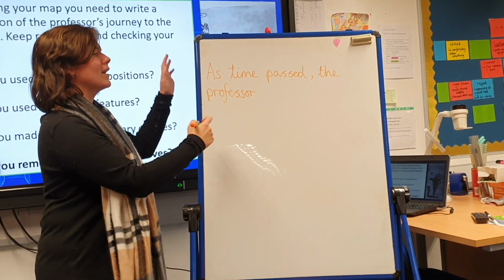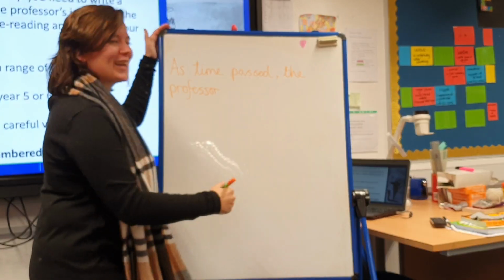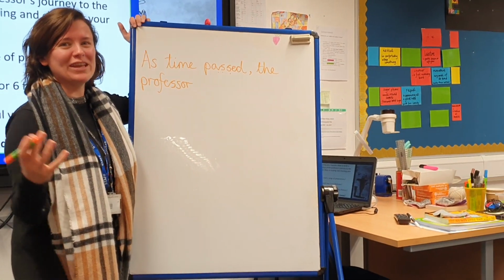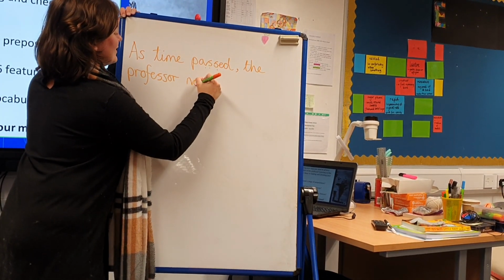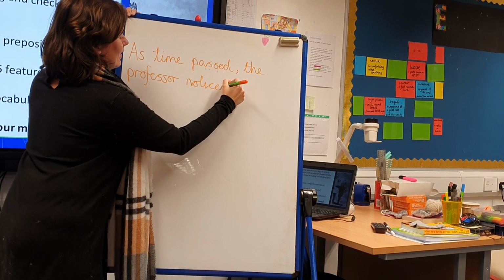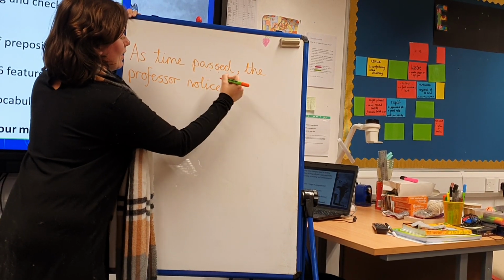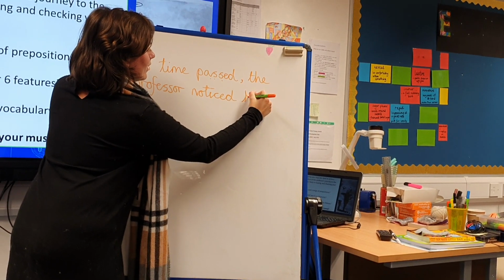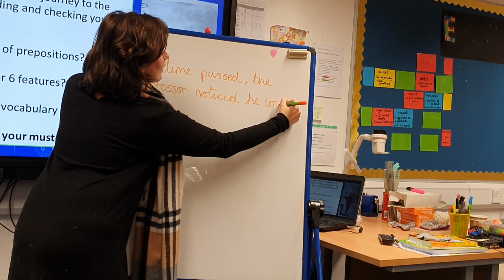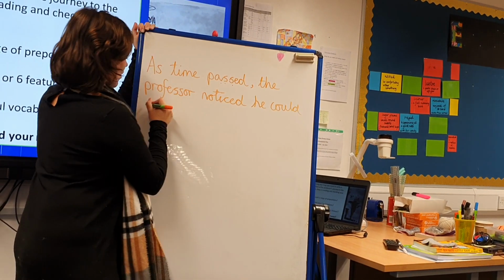Do you like it? It's a bit too fancy for my liking. But I think it's now what the year 5s and 6s should be writing. So, as time passes, the professor noticed. I can't remember what you said now. He could no longer see.